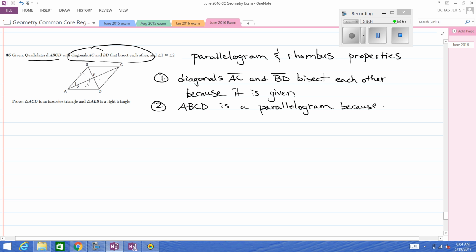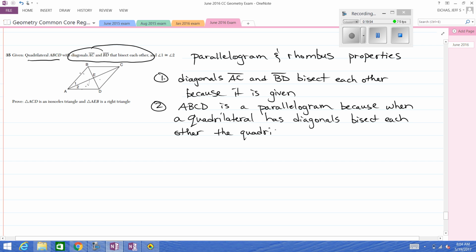Because when a quadrilateral has diagonals that bisect each other, the quadrilateral is a parallelogram. All right, keep going here.